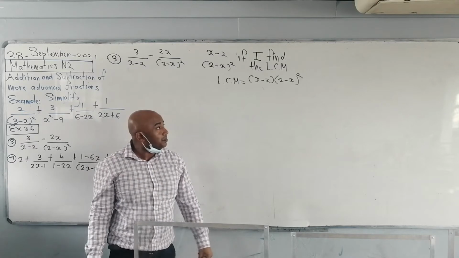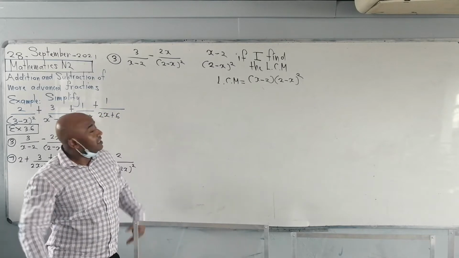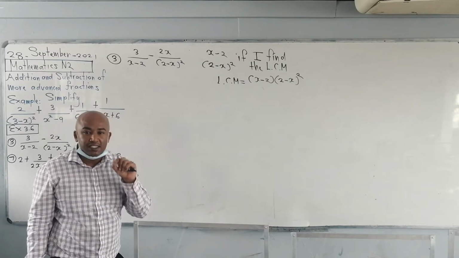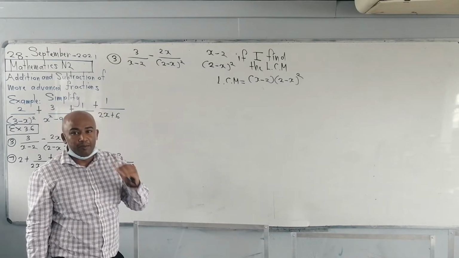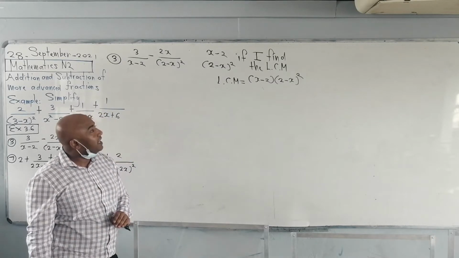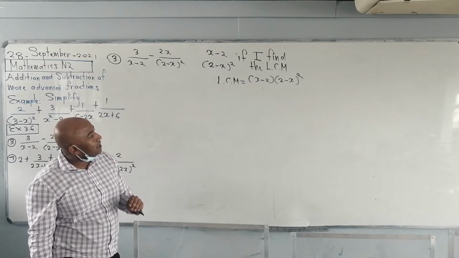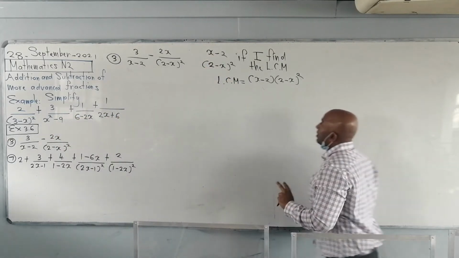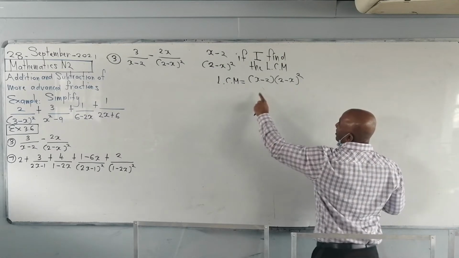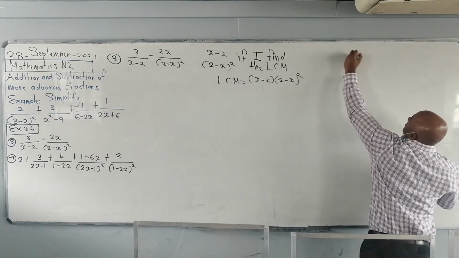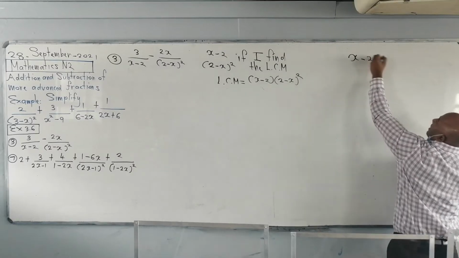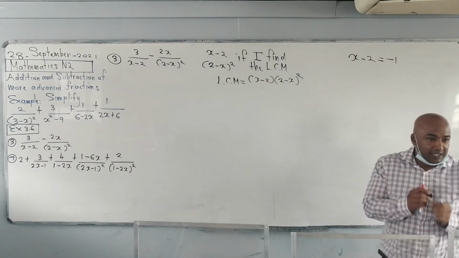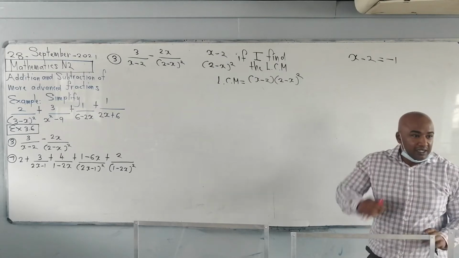It can be done that way. However, we can make it simpler. What do I mean? If you look at this x minus 2, let's take x minus 2 and pull out minus 1. Although it's not common, I'm pulling it out.